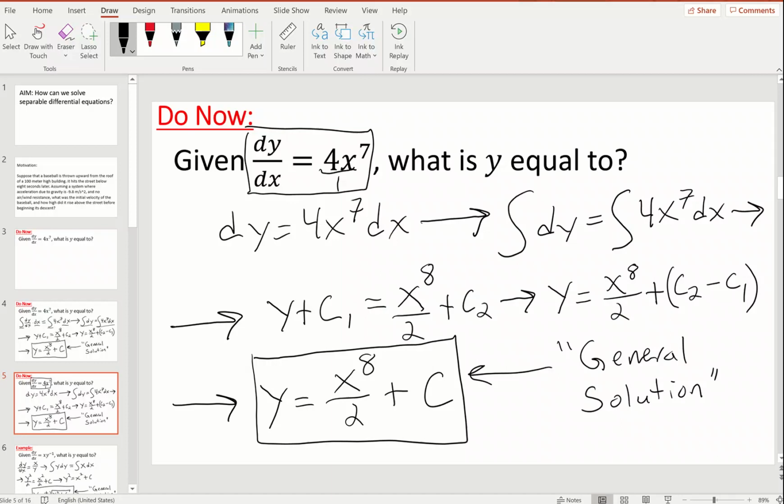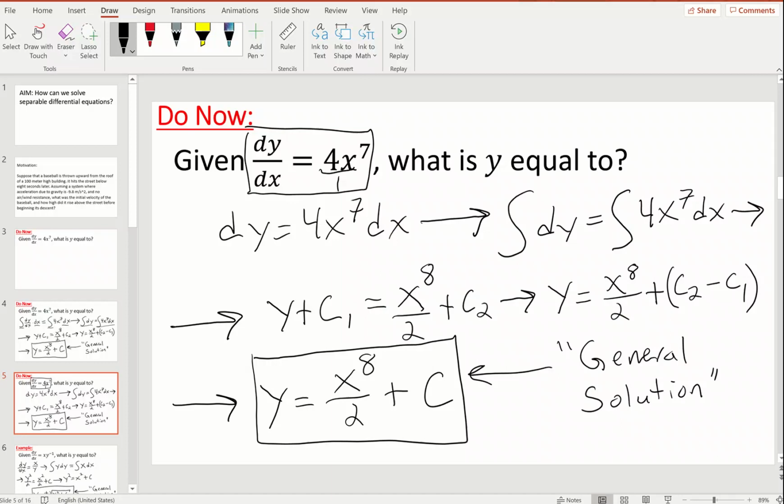And this is why these types of problems are called separable differential equations, when you can easily separate the differentials so that all x's and dx's are on one side and all y's and dy's are on the other side. We call those equations separable differential equations. Anyway, when you get to this point, you have dy is equal to 4x to the 7th dx.